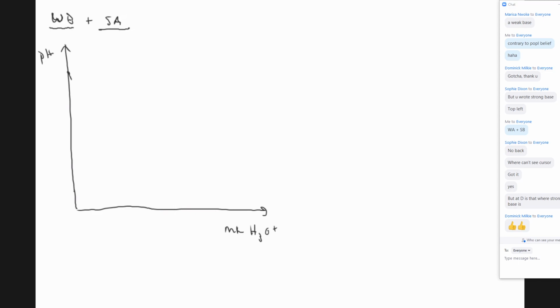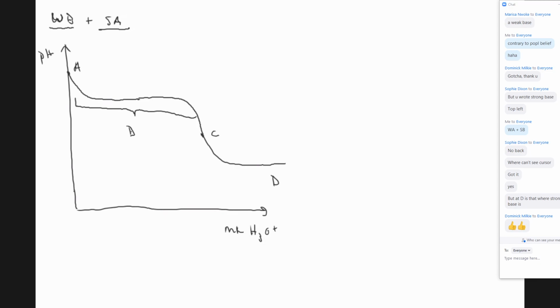So we're still going to have our little weakness. It's going to have this little flat region. Then there's another slight change, and then it'll level off again. This is still A. This is still C. This whole region we're still going to call B for buffer, and then we're going to end up with some D, some relatively strong acid at the end.